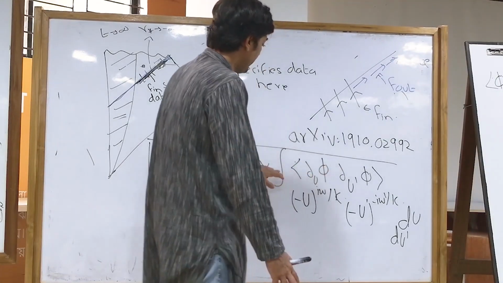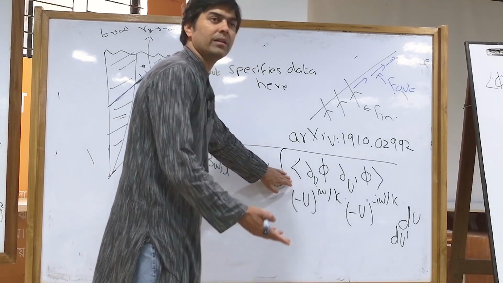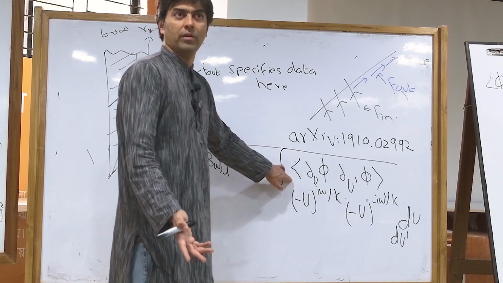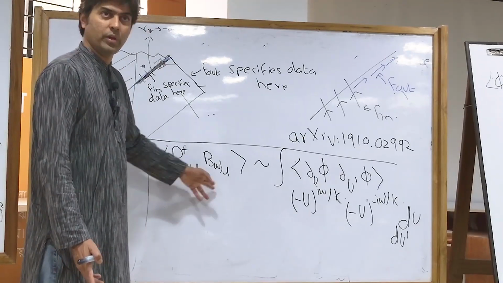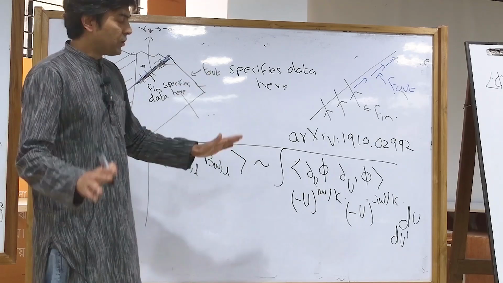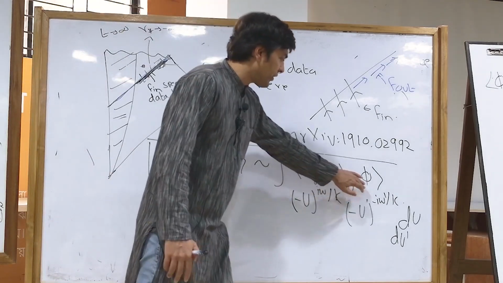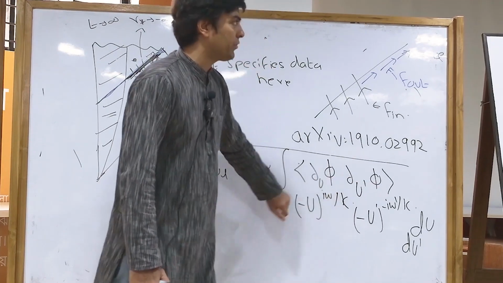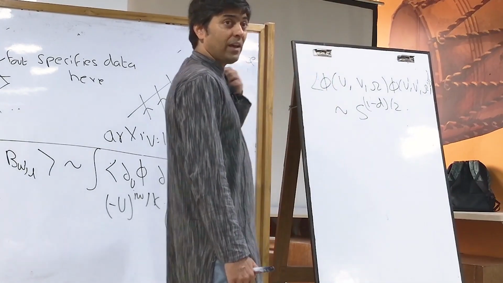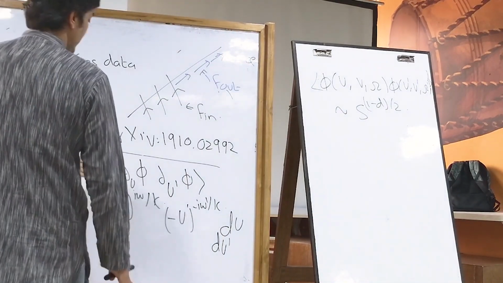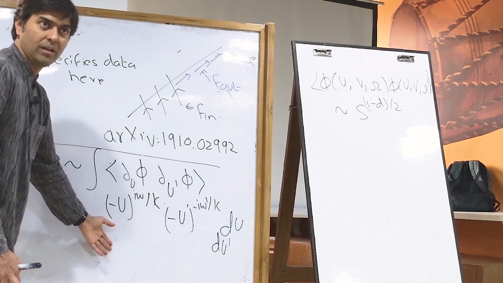So this expression you can evaluate in the limit when v is very close to 0, and that's a perfectly good regime in which to evaluate this 2-point function. You can evaluate it at any v, but in particular in the regime where v is also very close to v prime, you know what the form of this 2-point function is. Therefore, in that regime, you can evaluate this integral.